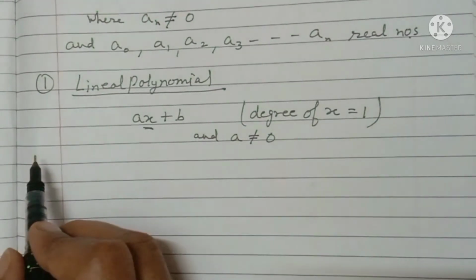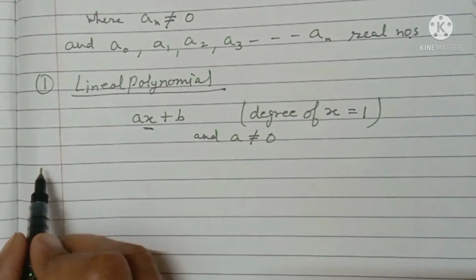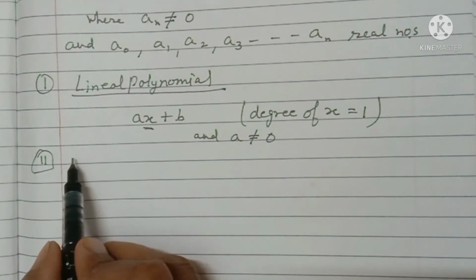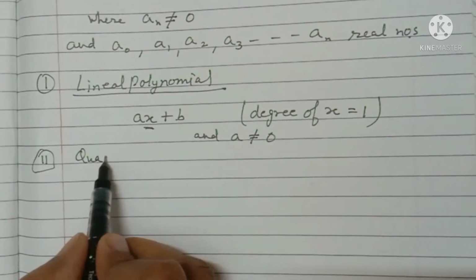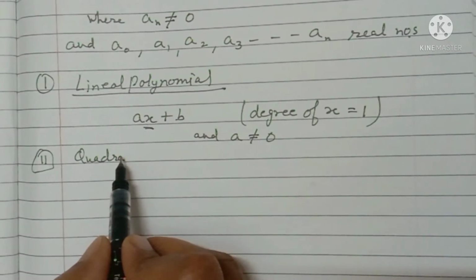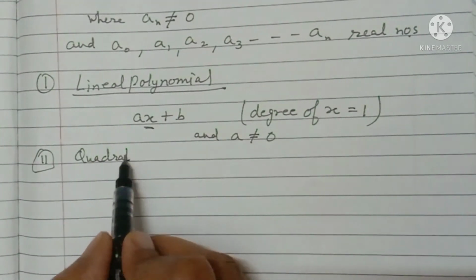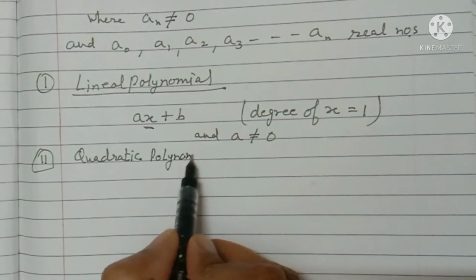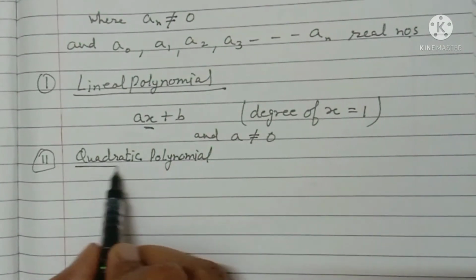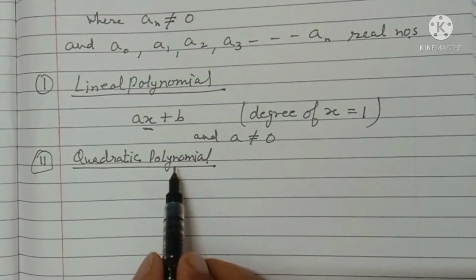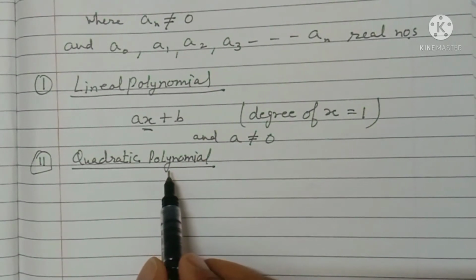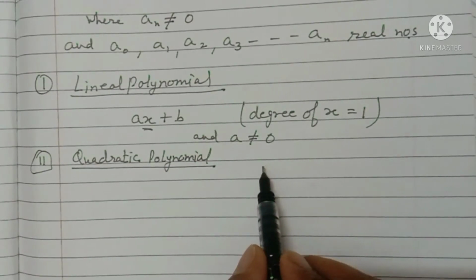Now come to the second type of polynomial, quadratic polynomial. Quadratic means the polynomial in which degree of x is 2.